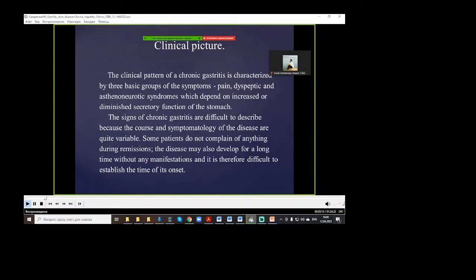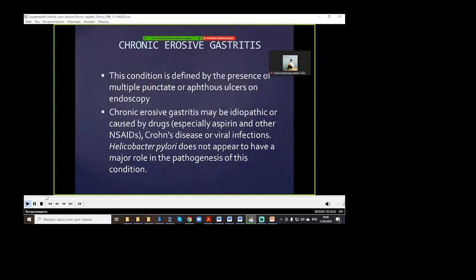The signs of chronic gastritis are difficult to describe because the cause and symptomology of the disease are quite variable. Some patients don't complain of anything during remissions. The disease may also develop for a long time without any manifestations, and it is therefore difficult to establish the time of its onset.